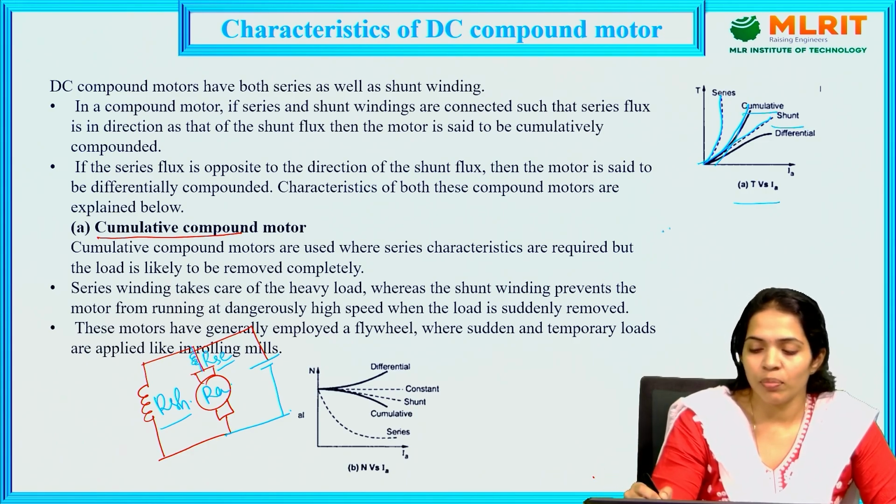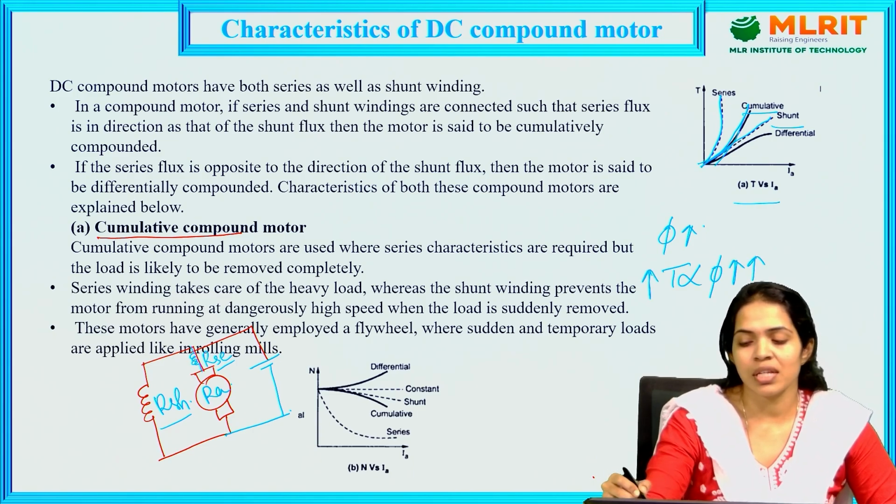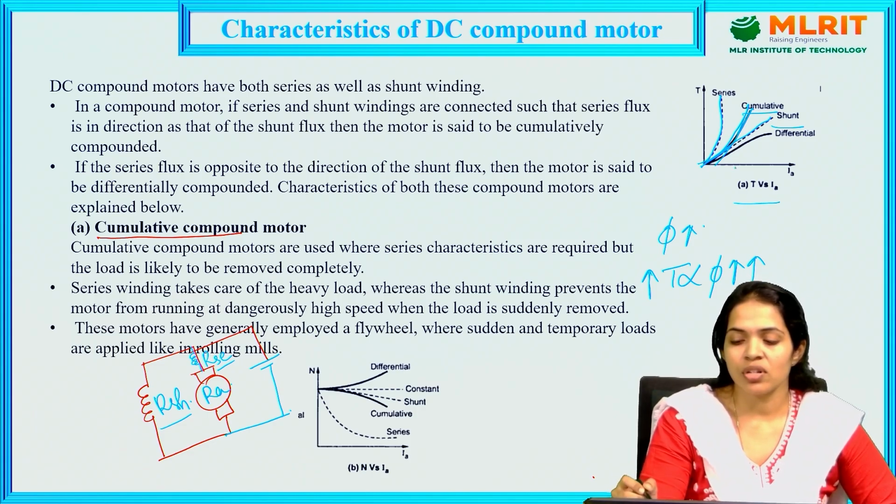For cumulative compound motor the flux is high, and we know that the torque is directly proportional to flux. So when two fluxes aid each other, the resultant flux is high, and that is why the torque is also high. For a cumulative compound motor, the torque versus armature current characteristics are similar to the series motor, but always lie below the DC series motor curve.